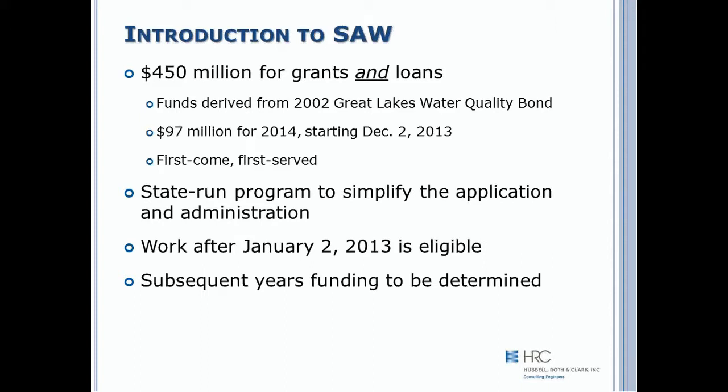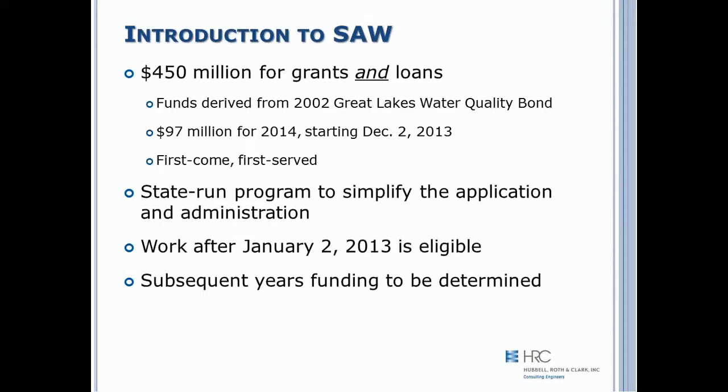Out of that bond, $450 million has been allocated towards this program, and that's both for the grant and the loan portion of the program. Now, $97 million of that has been allocated for 2014, and the rest will be allocated as the legislature sees fit in the coming years.